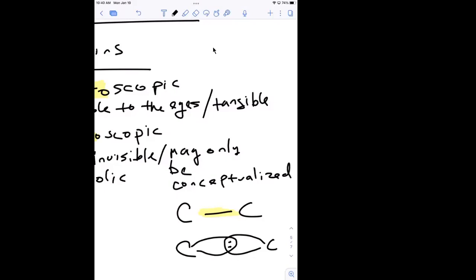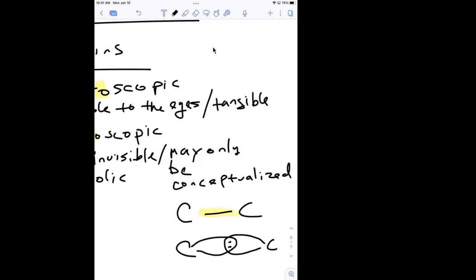Okay. Right. So in some cases we can see on the micro level. We don't have to conceptualize what a cell looks like. We can look at a cell in the microscope and see that it has a certain shape. That's why when you study biology, you know all the parts, the mitochondria, the cell wall, the plasma, all this stuff that makes up a cell. We know that because we can observe it, even though it's on a microscopic level.